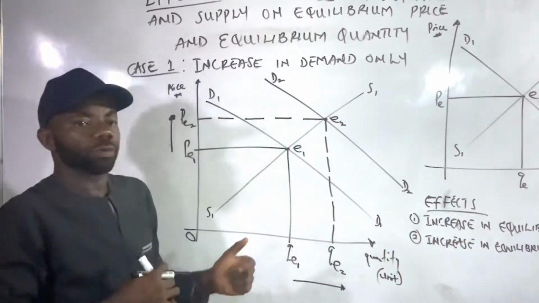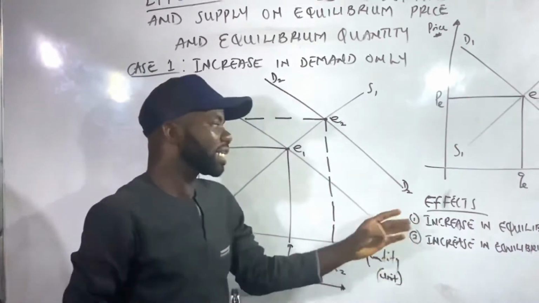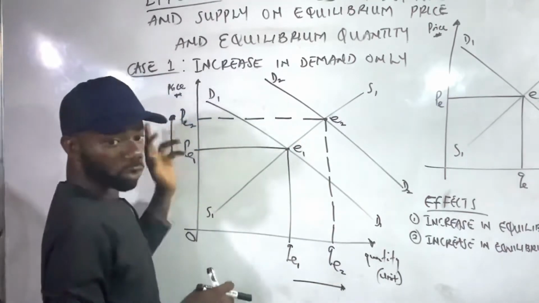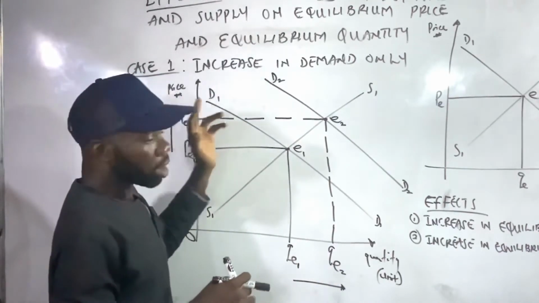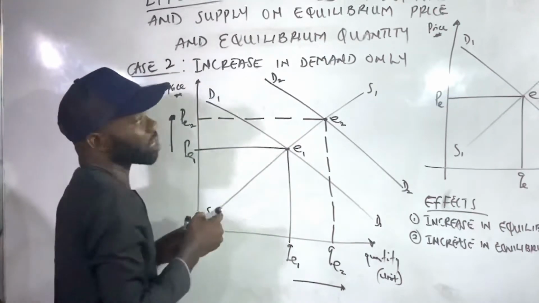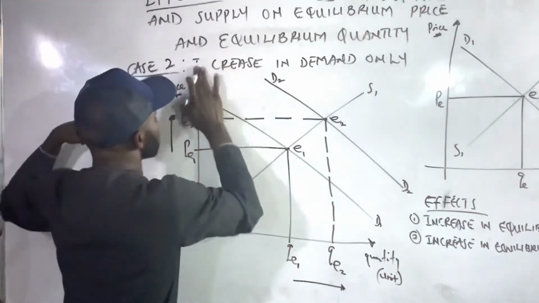The option that will be correct in the question is the one that has an increase in both equilibrium price and quantity. Check the arrows. Case number 2. For case number 2, we do something opposite this. From increase, we change to decrease.